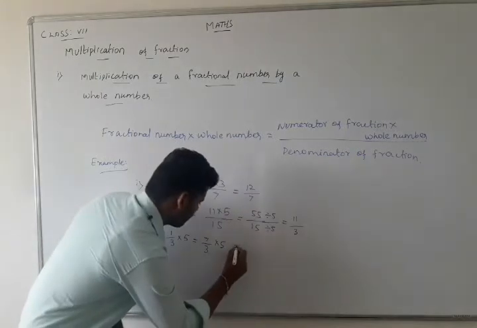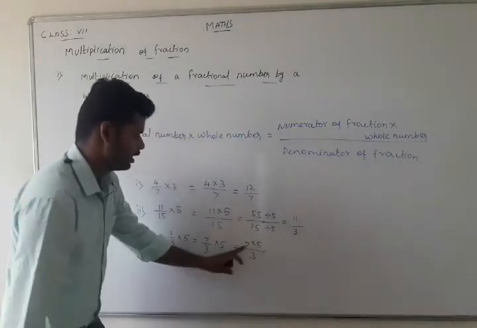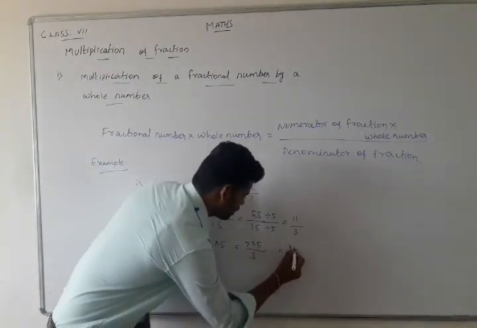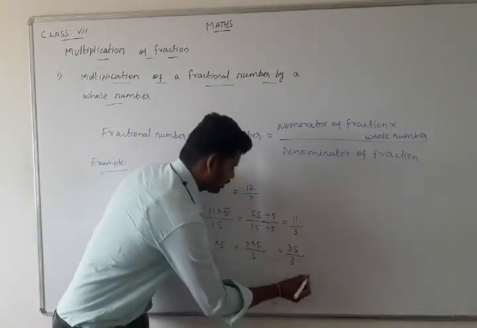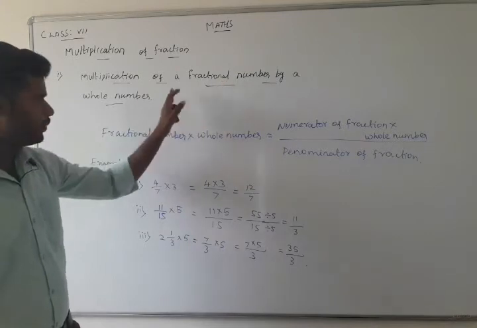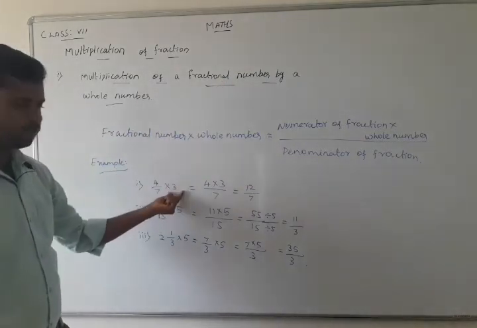This one how to multiply? 7 into 5 divide 3. 7 5s are 35. Divide 3. This is for multiplication of a fractional number by a whole number. You take one fractional number, another one whole number.